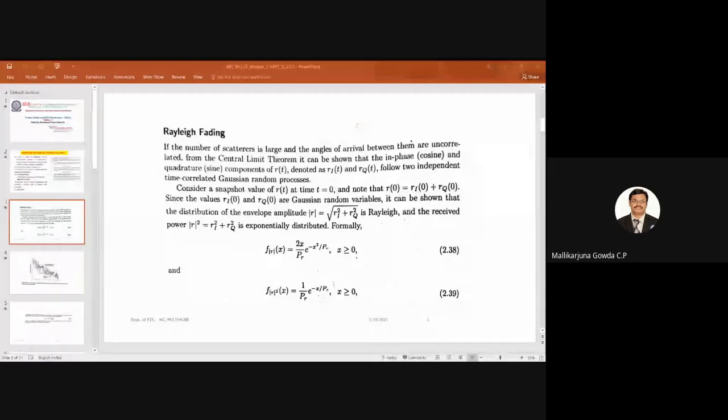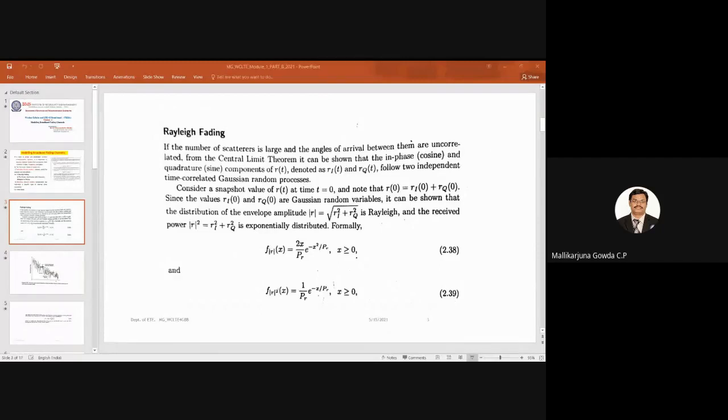Looking at the expression, e^(-x²/Pr) is Rayleigh, and e^(-x/Pr) is an exponential distribution. So power is distributed exponentially, and amplitude is distributed as Rayleigh.